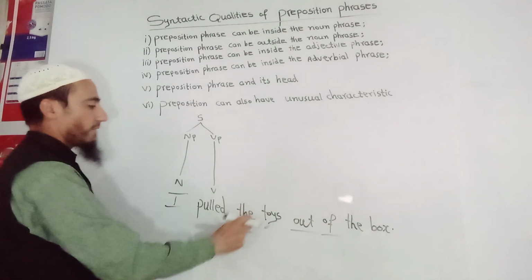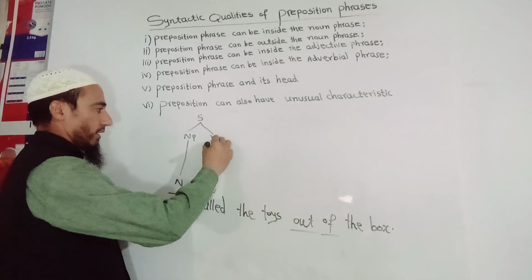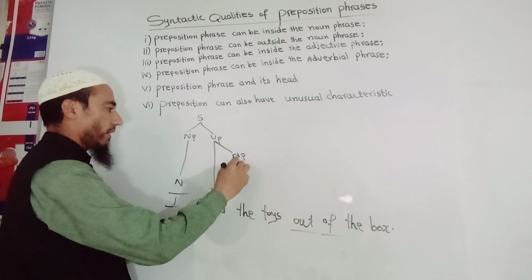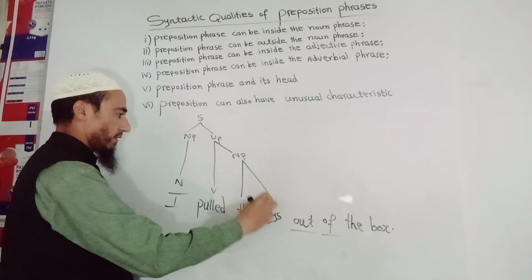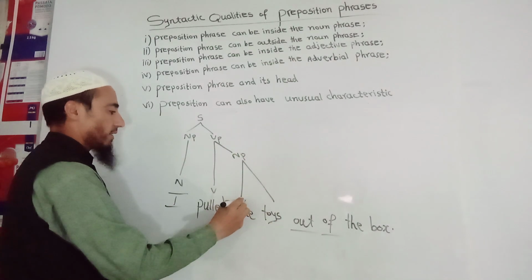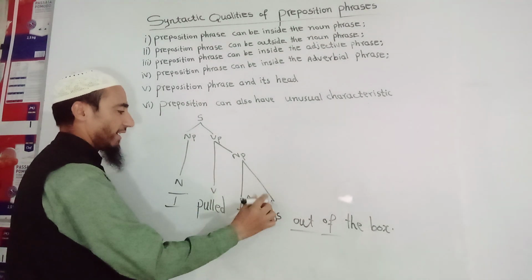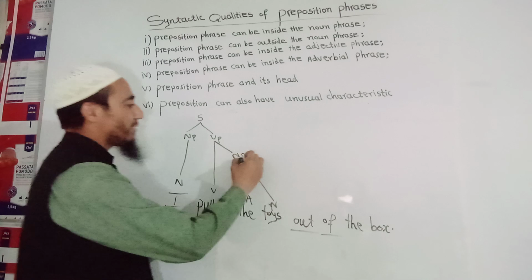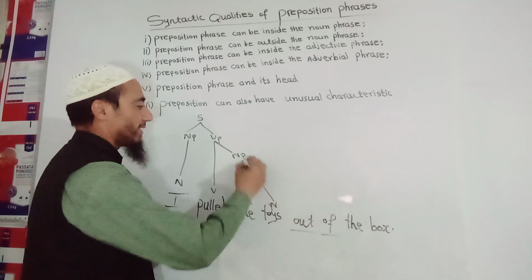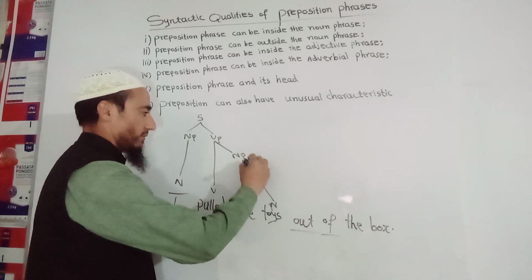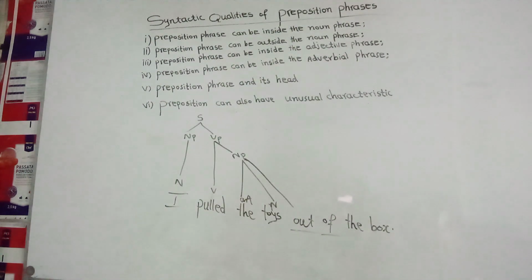Yes, and then we have "the ties", that is NP. "The" is article, and "ties" is N, and "out" is what? That is PP.